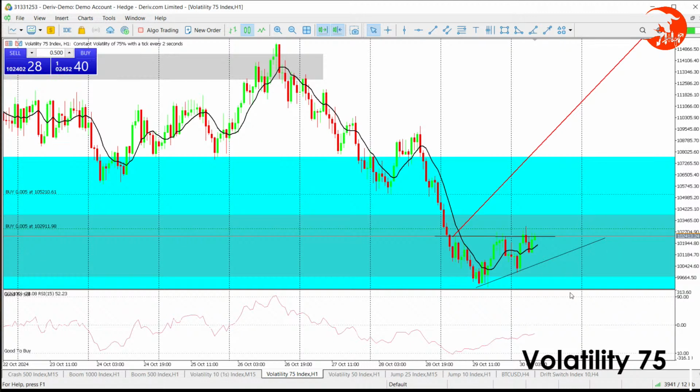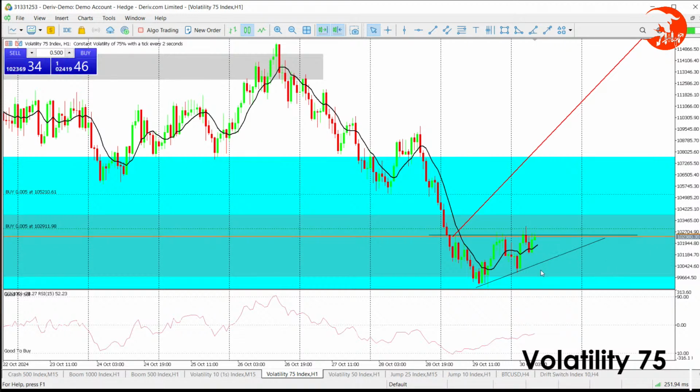this will be an ascending triangle, so it's going to consolidate within here. Then eventually we will see a breakout. It's an ascending triangle. So we'll be anticipating a breakout on the buy, on the uptrend, on the upper side of this triangle. So that's what we'll be anticipating.